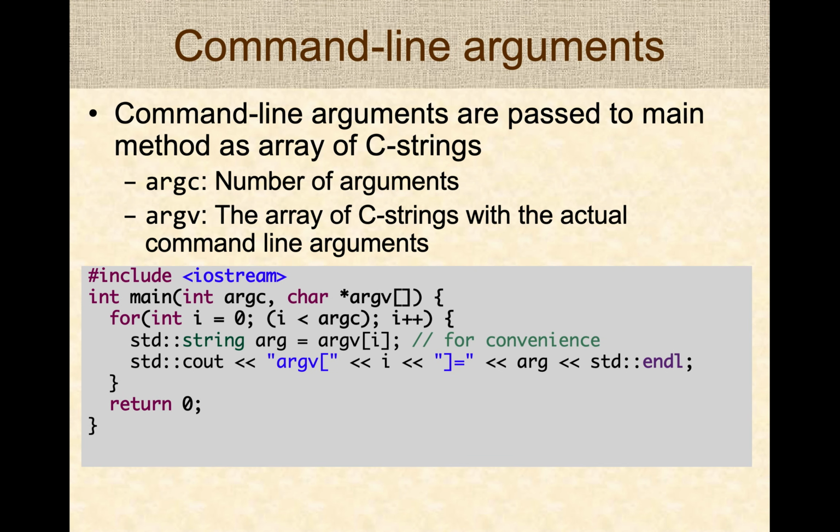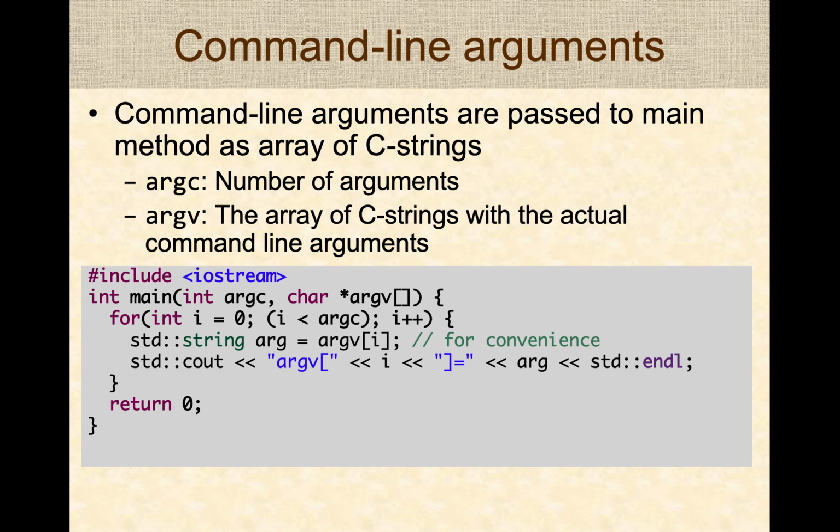Now let's look at parameters that the main method can accept. So far we've used main without parameters, but main can accept parameters, and these parameters are called command line arguments. The reason it's called command line arguments is they are passed when the program is run. So the user can specify extra arguments when the program is run, and these command line arguments are passed to the main method.